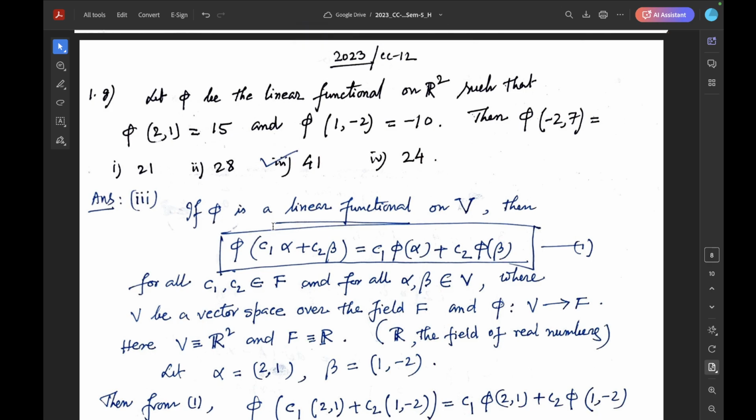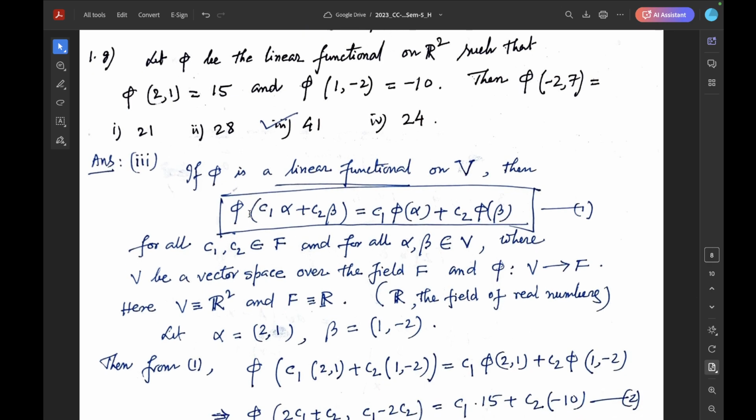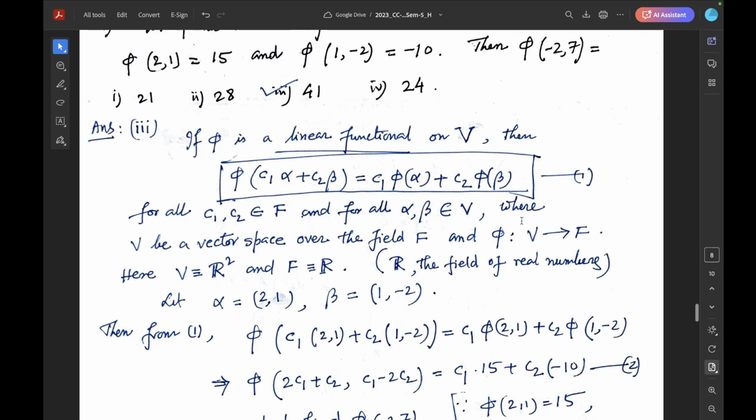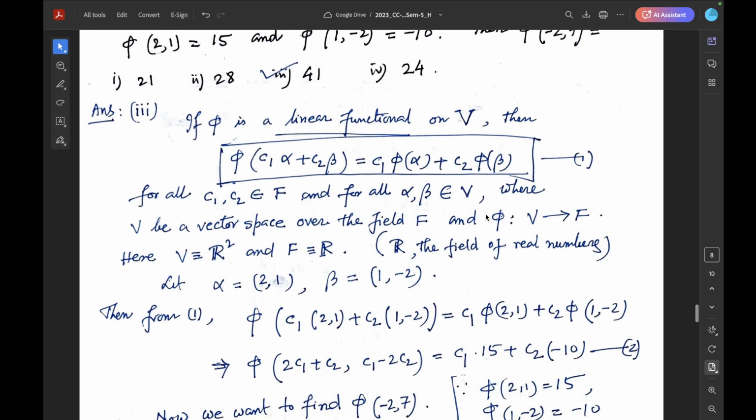If phi is a linear functional on V, then we know phi of (c1 alpha plus c2 beta) equals c1 phi(alpha) plus c2 phi(beta) for all c1, c2 belongs to the scalar field F, and for all alpha, beta belongs to V, where V is a vector space over the field F and phi maps from V to F.